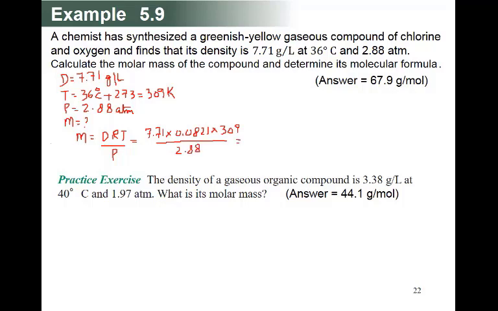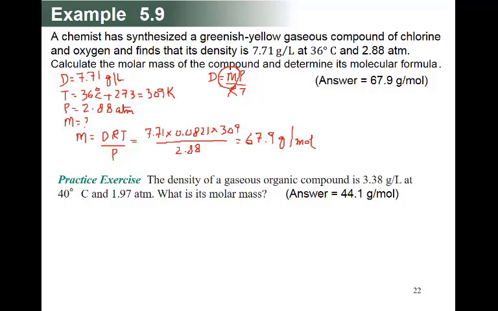So the answer will be 67.9, and because this is molar mass, it will be gram per mole. This formula we derive from the same formula, density is equal to MP over RT. When you want to calculate the molar mass, it changes to this.